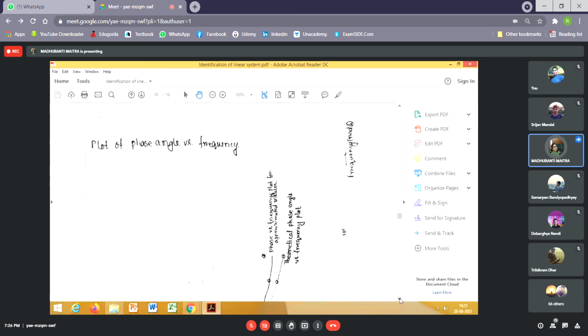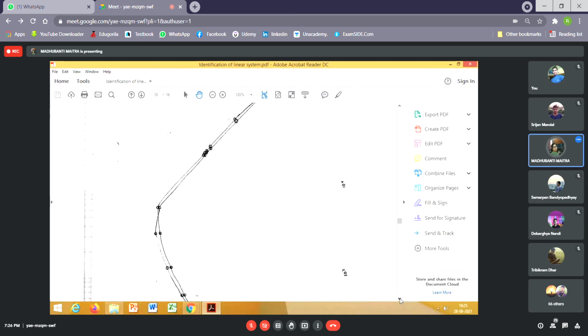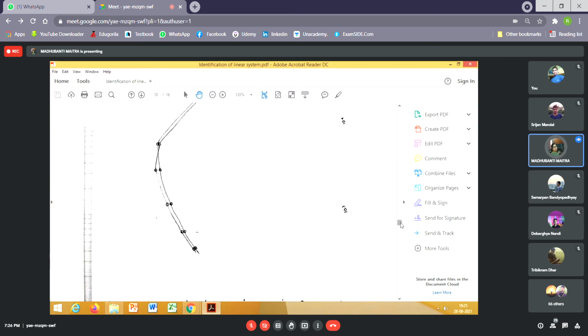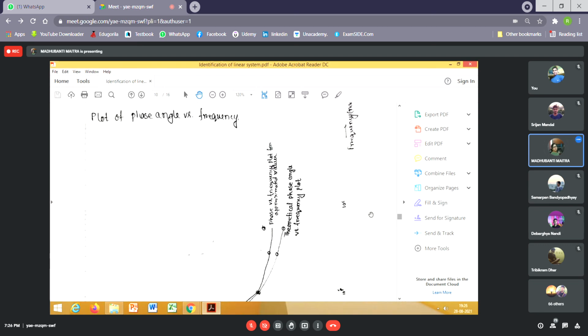Then you'll have to sketch another plot, this kind of plot. That means phase shift versus frequency, again on similar graph paper. And what are these two plots?